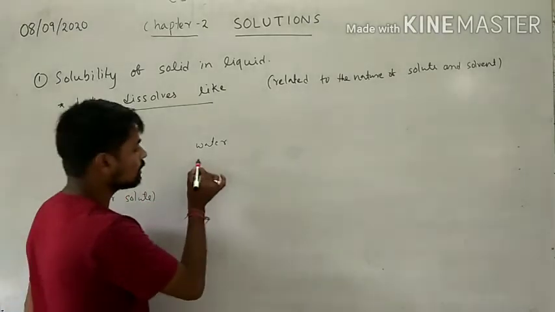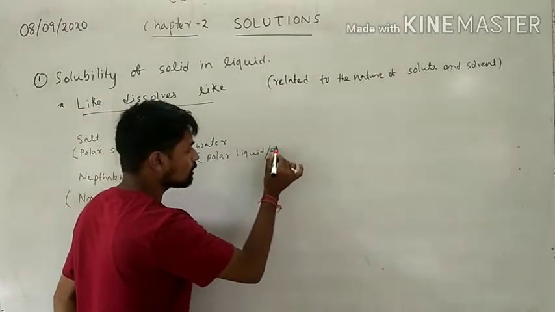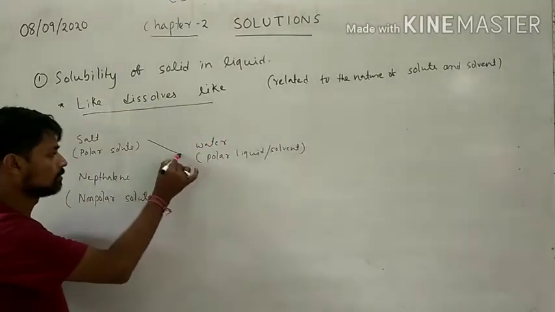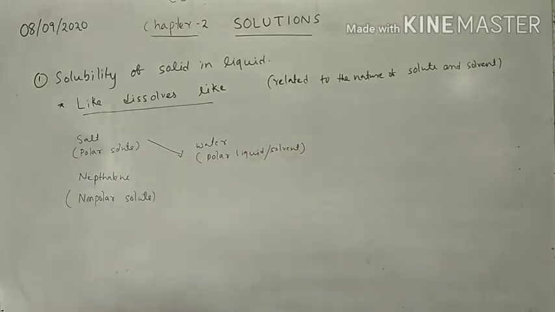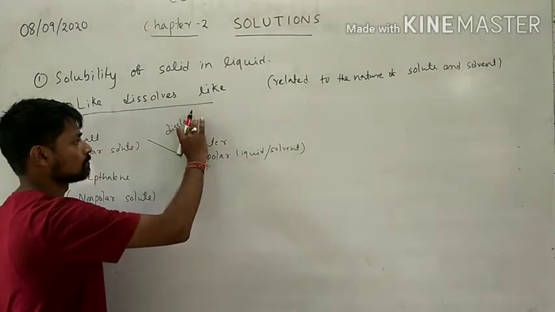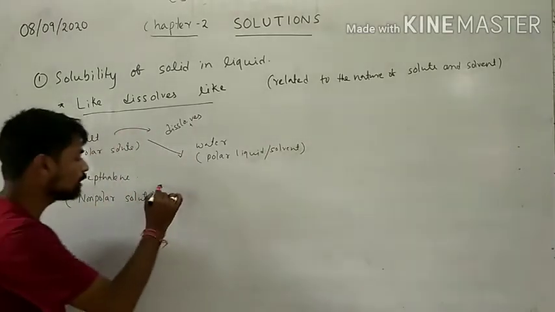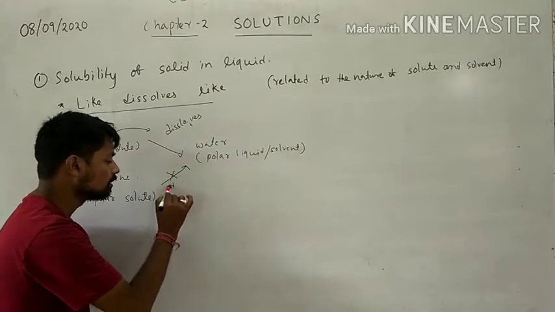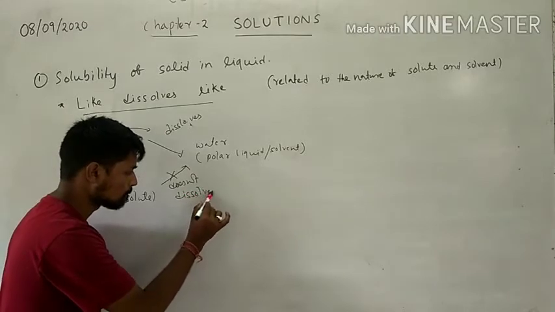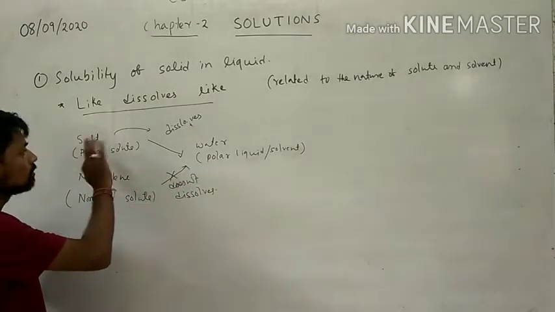Water is a polar liquid or polar solvent. So when we add salt in water, it dissolves in water. But when we add naphthalene in water, it does not dissolve in water.